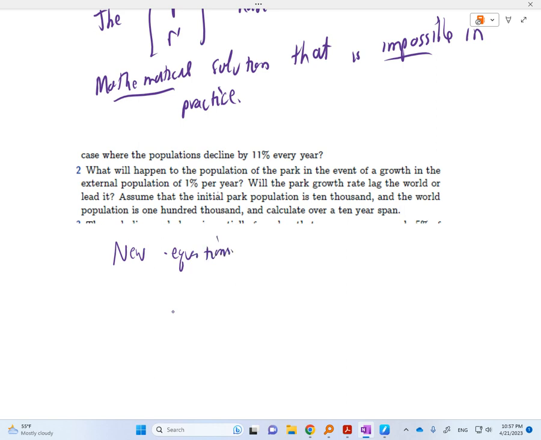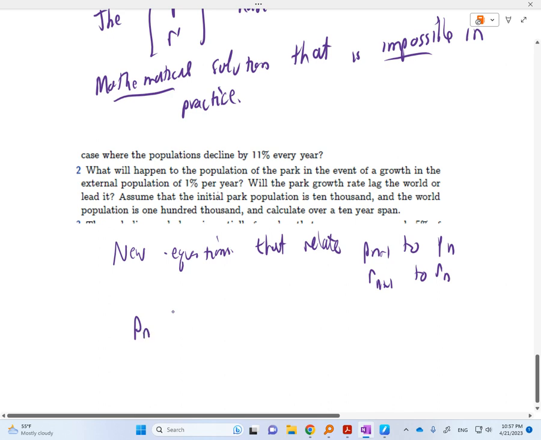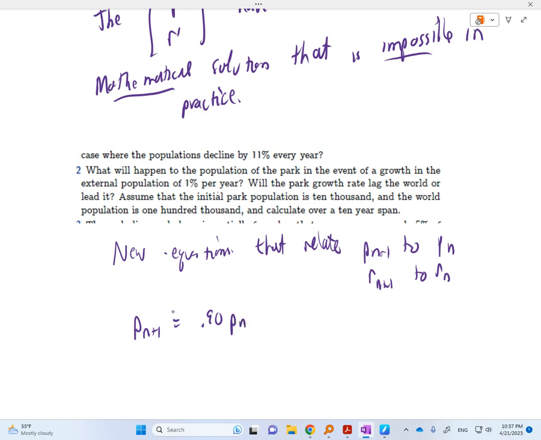Okay. For that, relate Pn plus 1 to Pn and Rn. Okay. Now, what about Pn plus 1? Well, for Pn plus 1, we still have 90% coming from the park.